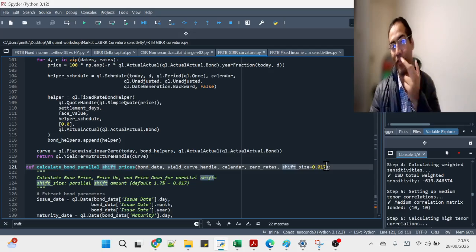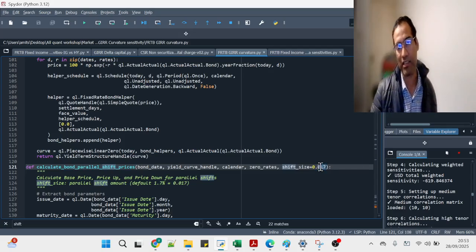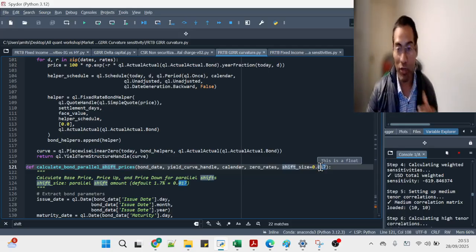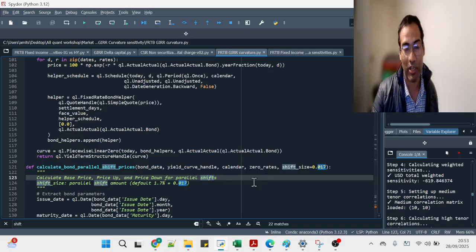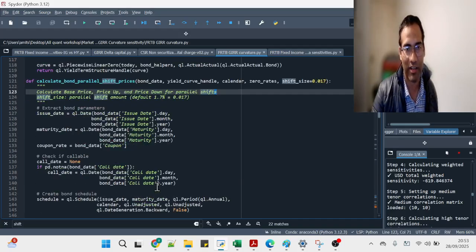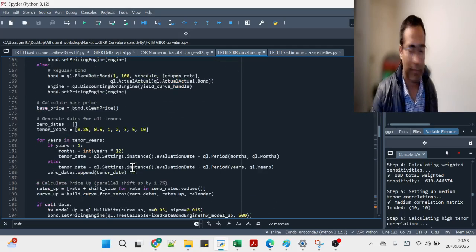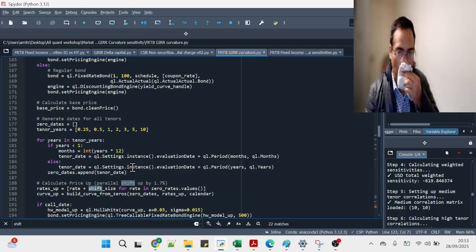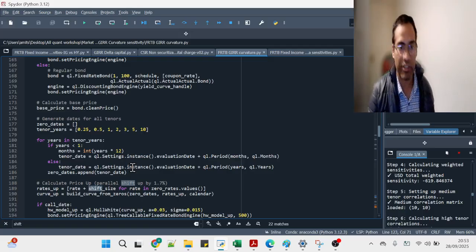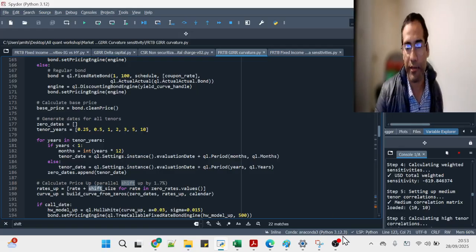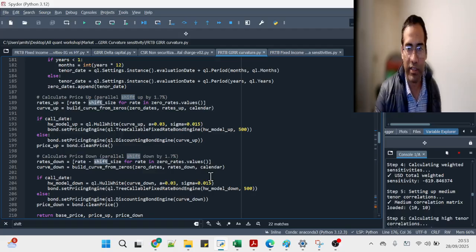You see, in the curvature we shift the curve, the parallel shift, all the tenors up and down by a lot more. For curvature it is very severe. So why 1.7%? Because it is the highest risk weight for GIRR.